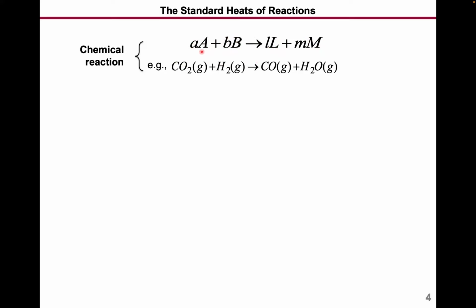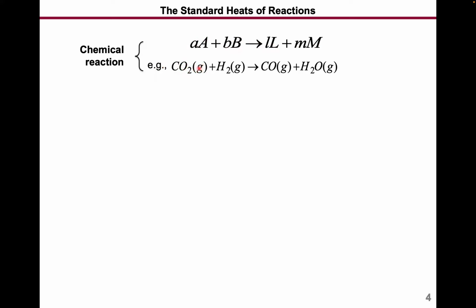So here, usually when you write out a general chemical reaction, you have some A, B. AB is your reactants, LM is your products. And then you have some stoichiometry coefficient in front of A, B, L, M. Okay, so let's say here, for example, CO2 in the gas state.